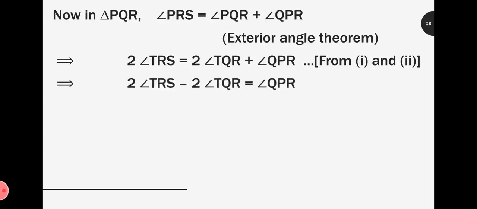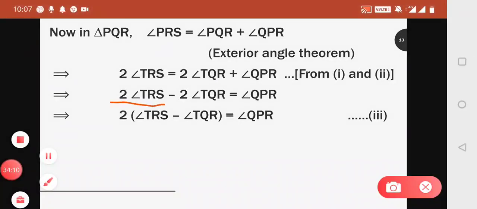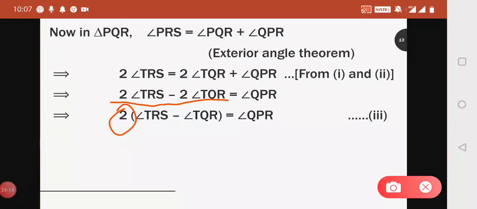Further solving, we transpose twice angle TQR to the left hand side, so we get twice angle TRS minus twice angle TQR equal to angle QPR. Further, we take 2 common from the left hand side: twice of (angle TRS minus angle TQR) equal to angle QPR.